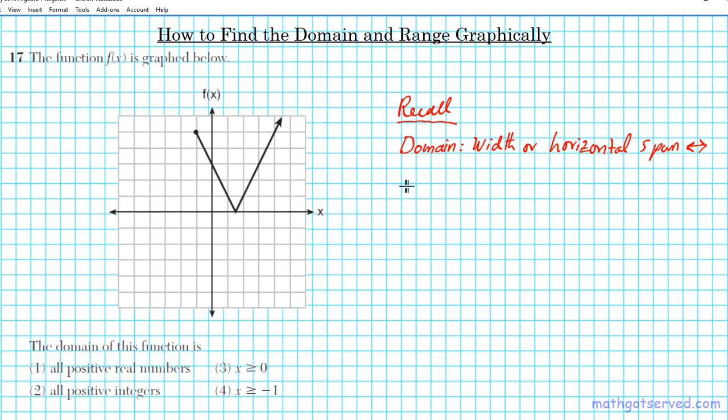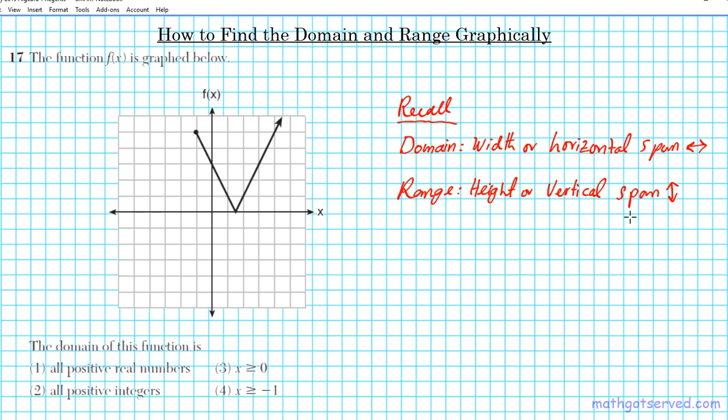And then the range represents what? The range represents the height or the vertical span. How high can you go and how low can you go if the graph is projected on the y-axis?